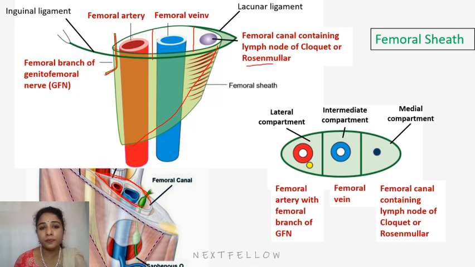And this empty space provides the dead space for the venous return. During venous return in the femoral vein, for the enlargement of the vein, the medial compartment provides the dead space.